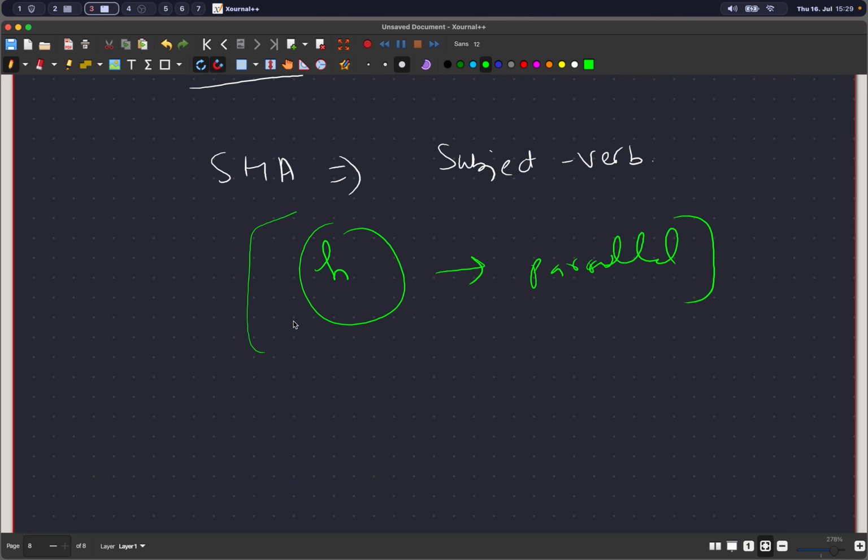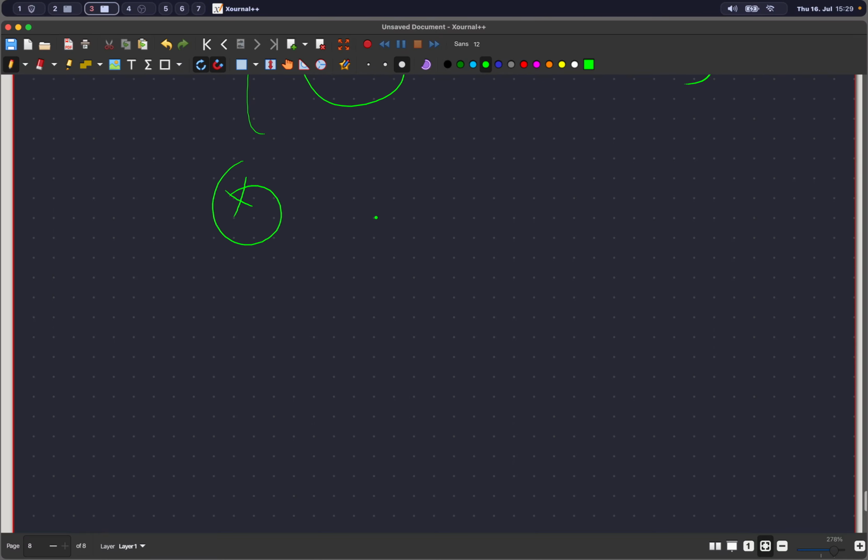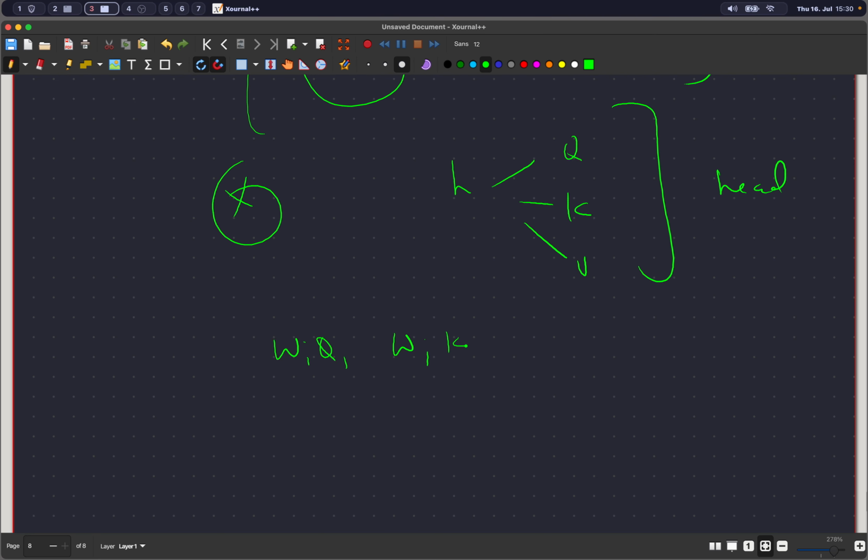And each of these different attention mechanisms will try to understand different kinds of relationships that we have in our sequence. So we will have our input X, right? We will have different heads. Each head will have their own Q, K, V matrices. Then we will have a linear transformation over all of these Q, K, V. So you can write it as W_i^Q, W_i^K, and W_i^V.